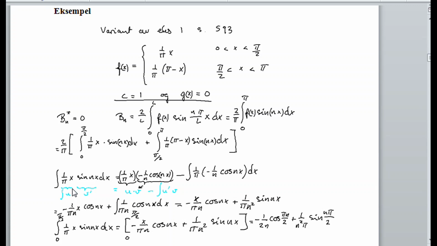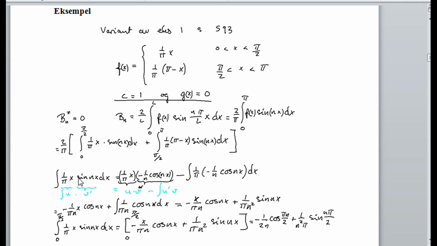We choose to call u this, and we call v prime this, and then by simple manipulation, we find that u times v can be written like this.